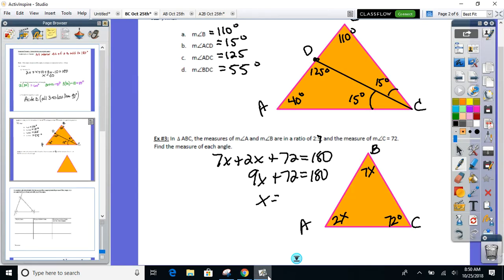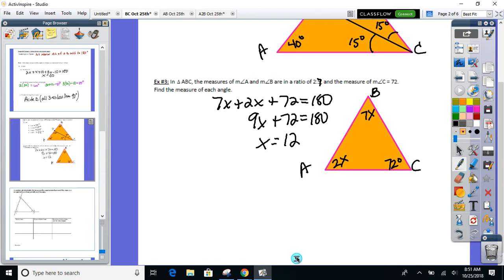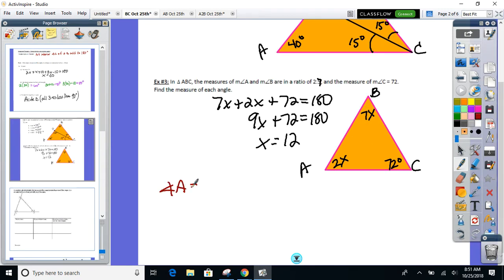Here you go. x equals 12, yep. So x equals 12, but it said find the measure of each angle. So go back. We already know angle C, so I'm not going to ask that. So what about angle A and angle B now?